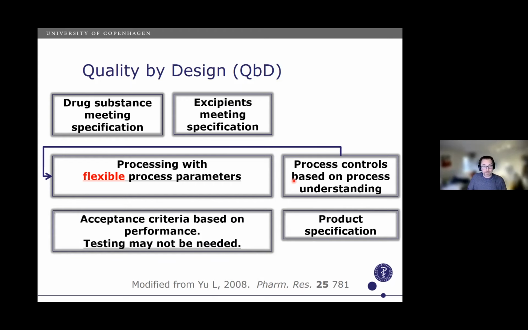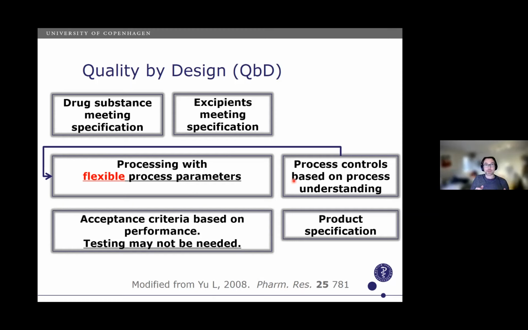And by this means, when you know that your material is within the specification already during processing, then you can reduce the end product testing. So you don't need that many specifications for the end product and then that heavy testing anymore.